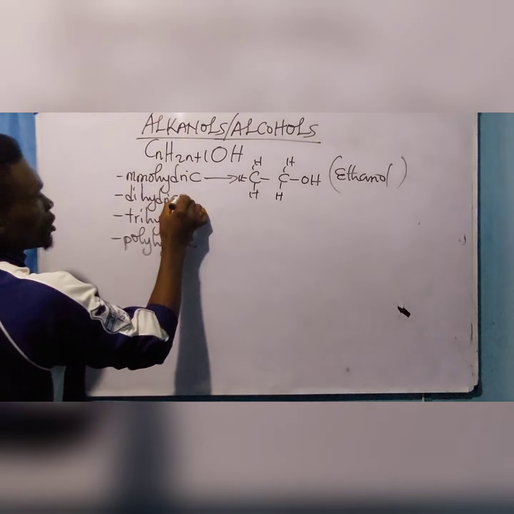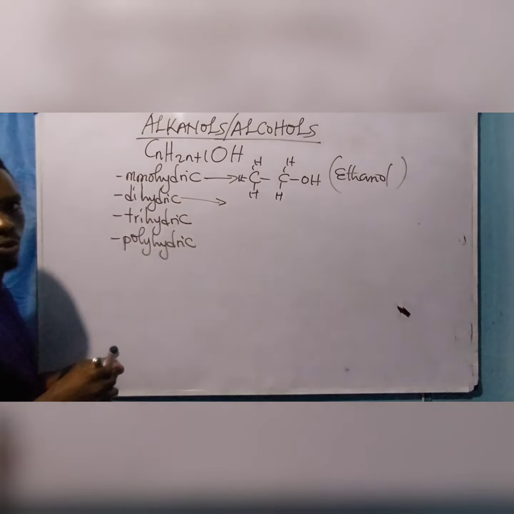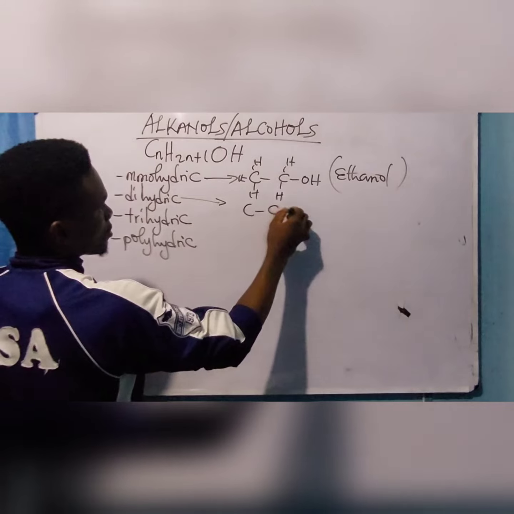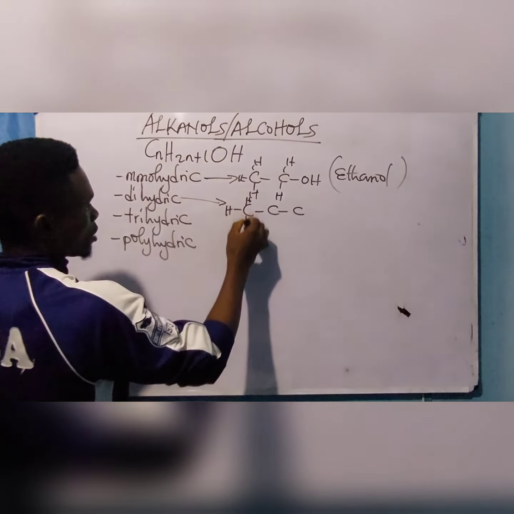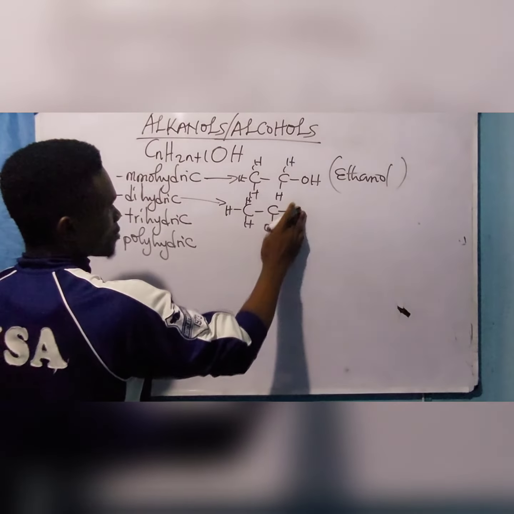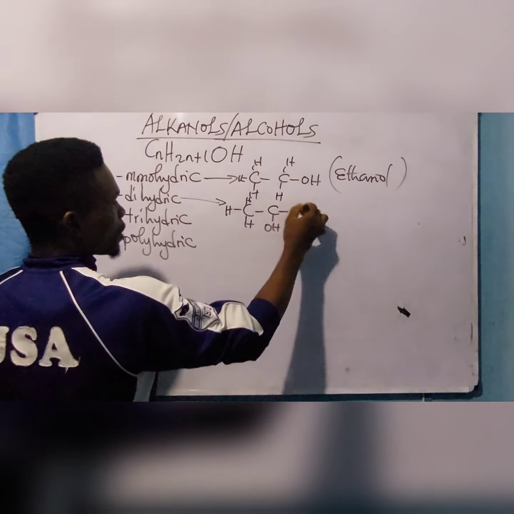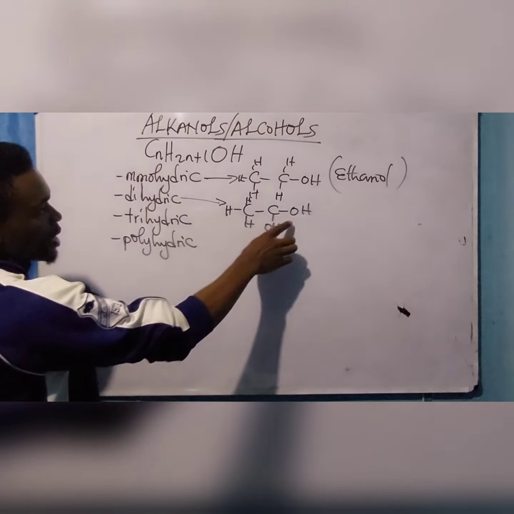Now, in the molecule, you now have dihydric. Dihydric means two molecules of what? Alcohols. If I have this, I have H, OH, maybe I now have OH. Now you can see now that this is what? A dihydric alcohol.